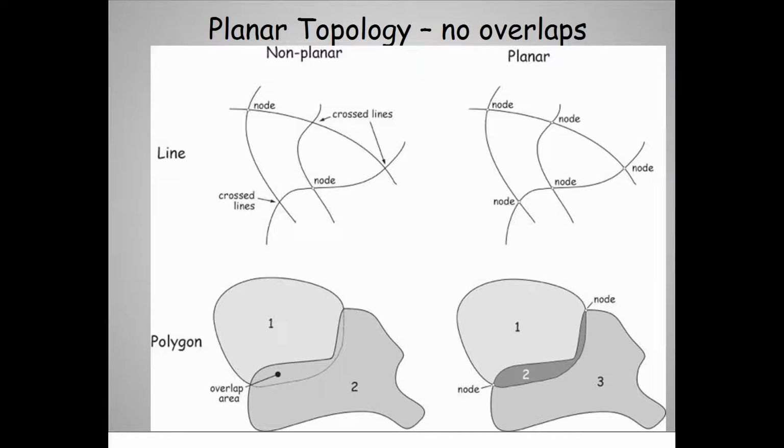Maybe this line isn't correct, and this line is correct. But if you go into a GIS system and edit the line for this polygon, number 2, and pull it up to here, you're not editing the line for this one right here anymore.